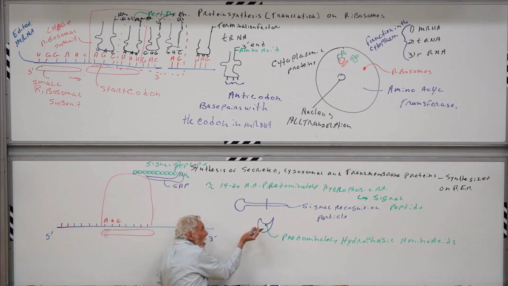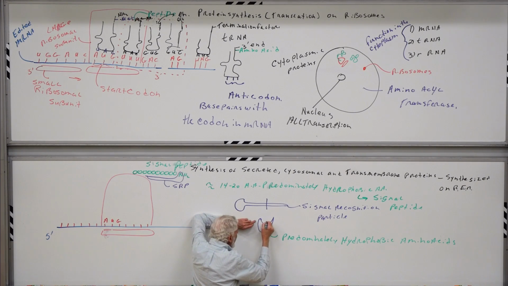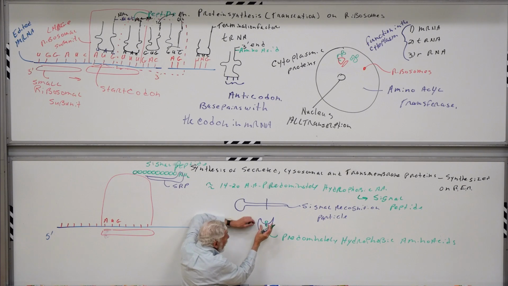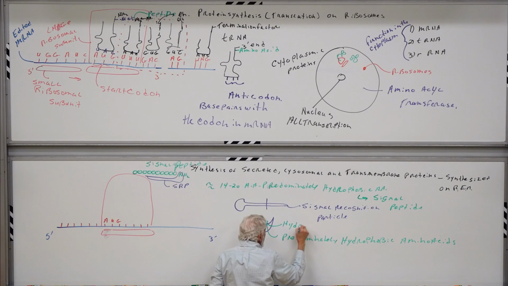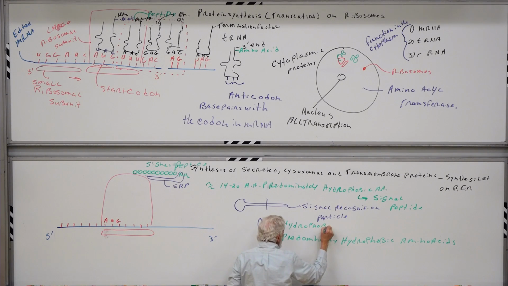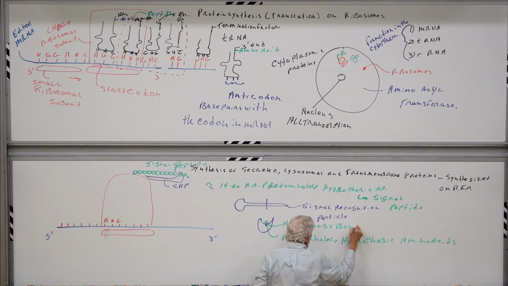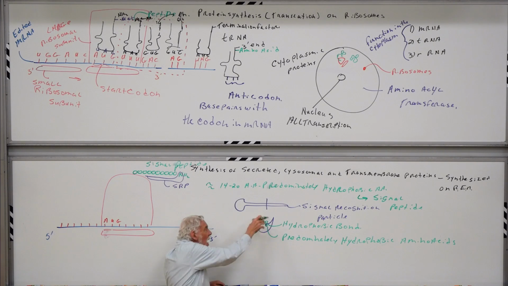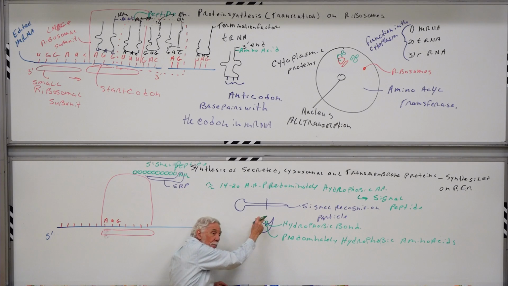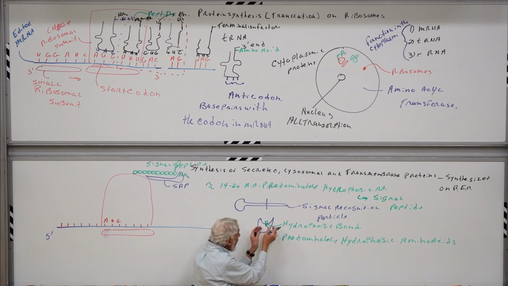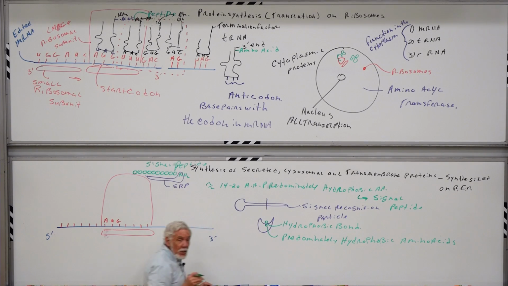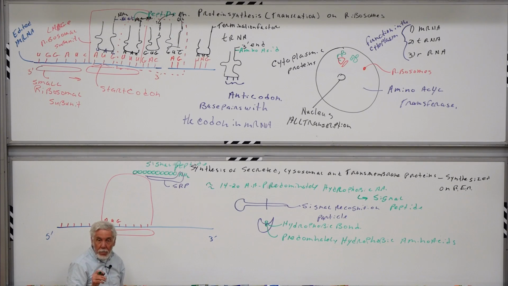That now allows for the hydrophobic amino acids of the signal peptide to rest here in the half pipe and, through hydrophobic bonding, help hide the hydrophobic side chains, the hydrophobic R groups on the signal peptide from the water environment. So we basically nestle these hydrophobic amino acids down in the hydrophobic region of the signal recognition particle.